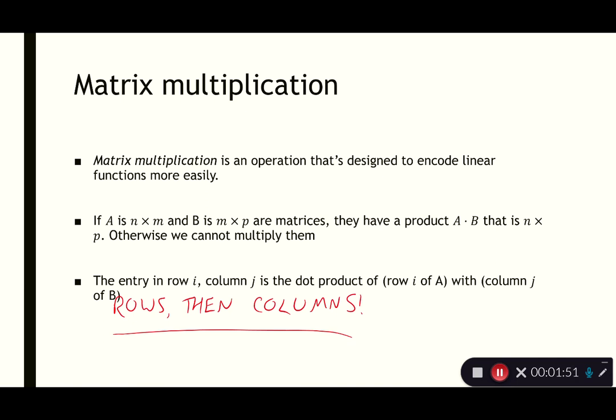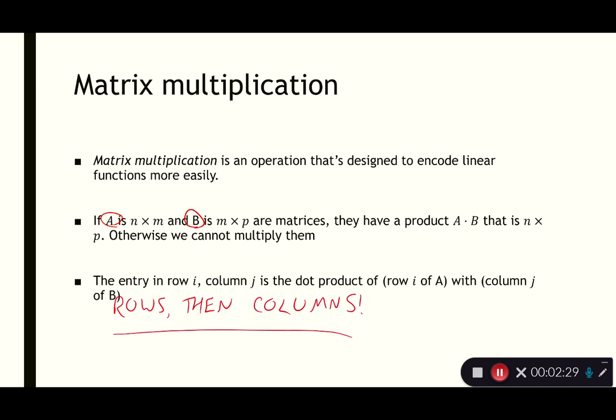Matrix multiplication is something new, and we're going to need to spend some time practicing it to make sure we get it right. It's extremely convenient for encoding linear functions, but it takes a little work. The first thing we need is two matrices, A and B, with a matchup between their sizes: the number of rows of the second matrix must equal the number of columns of the first matrix.